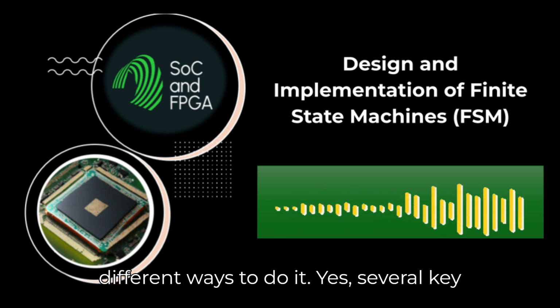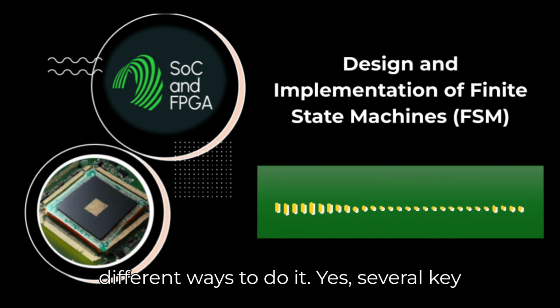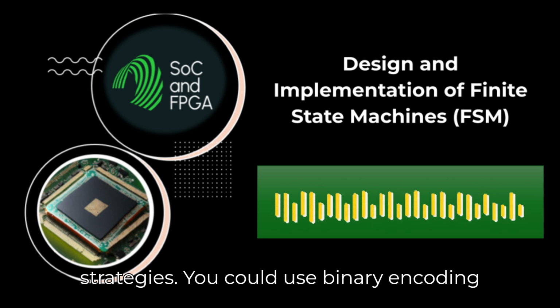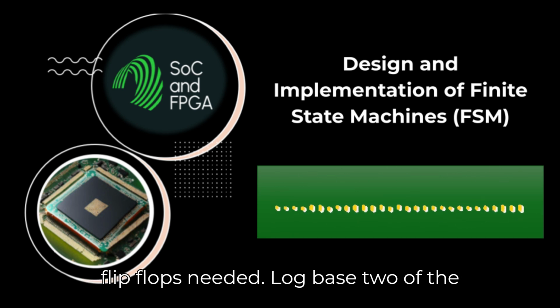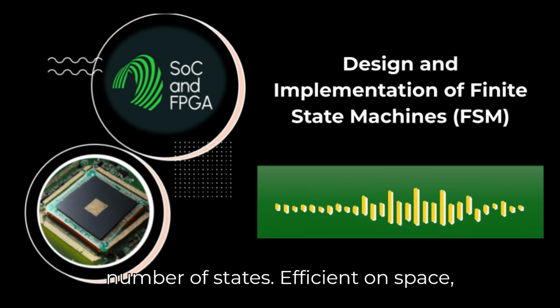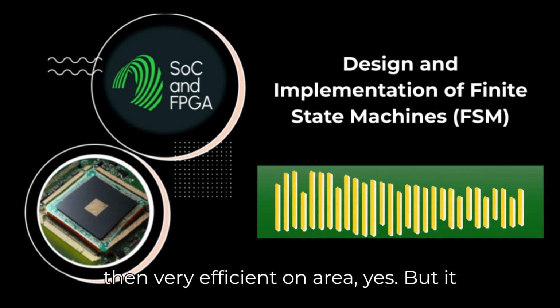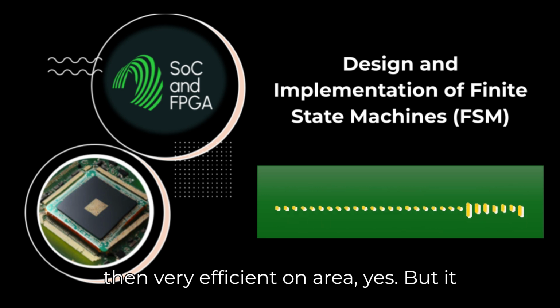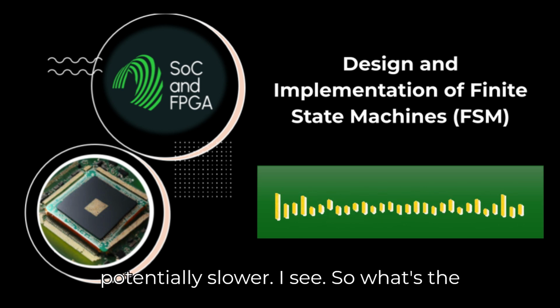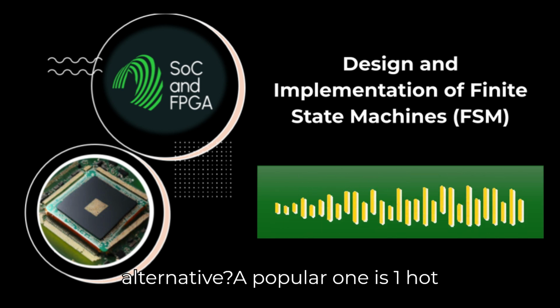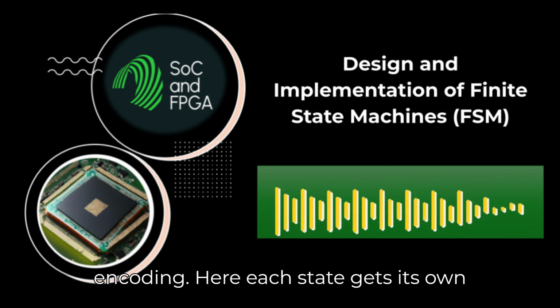Ah, okay. So there are different ways to do it. Yes, several key strategies. You could use binary encoding, which uses the absolute minimum number of flip-flops needed, log base 2 of the number of states. Efficient on space, then. Very efficient on area, yes. But it often makes the logic needed to calculate the next state much more complex, potentially slower. I see. So what's the alternative? A popular one is one-hot encoding.